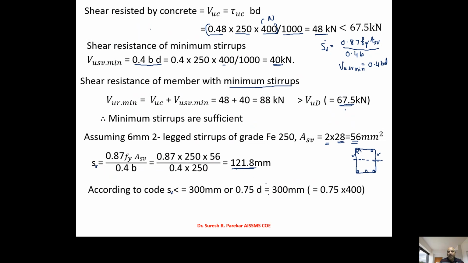Now d is 400, so 0.75 into 400 again comes to 300. And then we have Sv 121.8. So we have to consider the minimum of the three, and therefore we provide 6 mm diameter two-legged stirrups at 120 mm center to center. So this is for your A part.